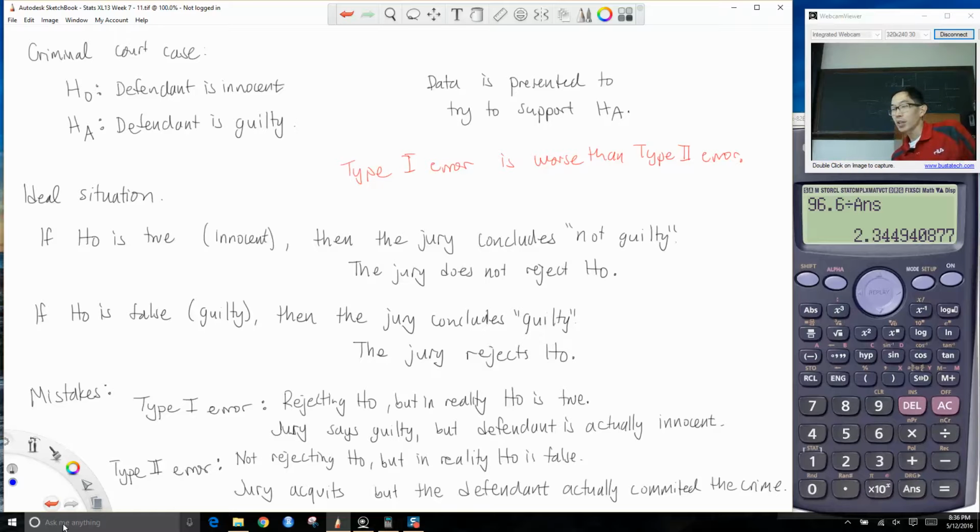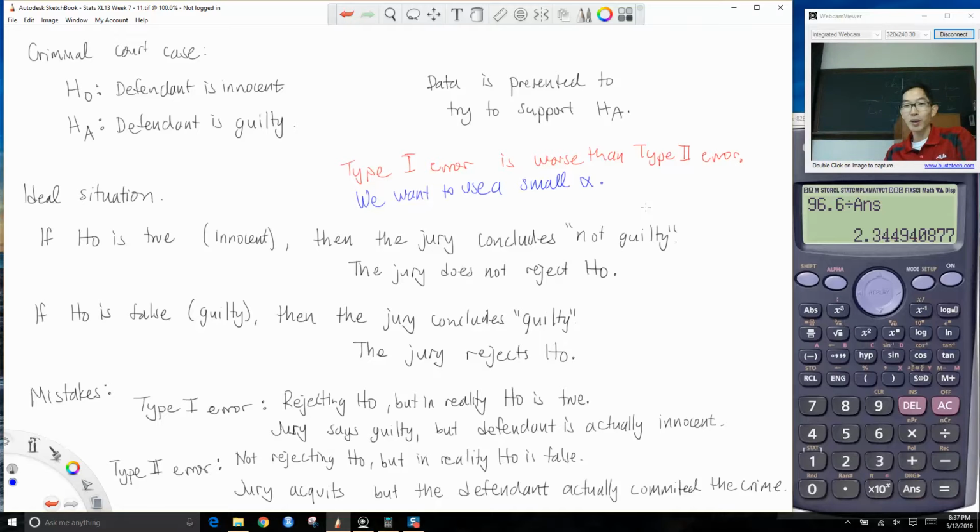So alpha is the probability of type 1 error, right? And so we've said type 1 error is worse than type 2, so we want to reduce the probability of type 1 error. So do we want a big alpha or a small alpha? We would want a small alpha, okay? So type 1 error is worse than type 2 error, so we want to use a small alpha.